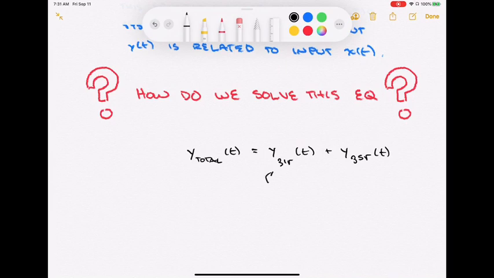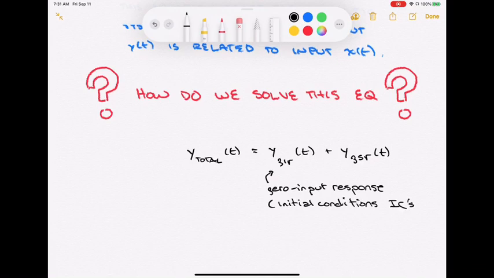So ZIR stands for zero input response. That zero input response means that the initial conditions, the initial energy, the energy inside the system, which we'll start abbreviating ICs, are driving the output.